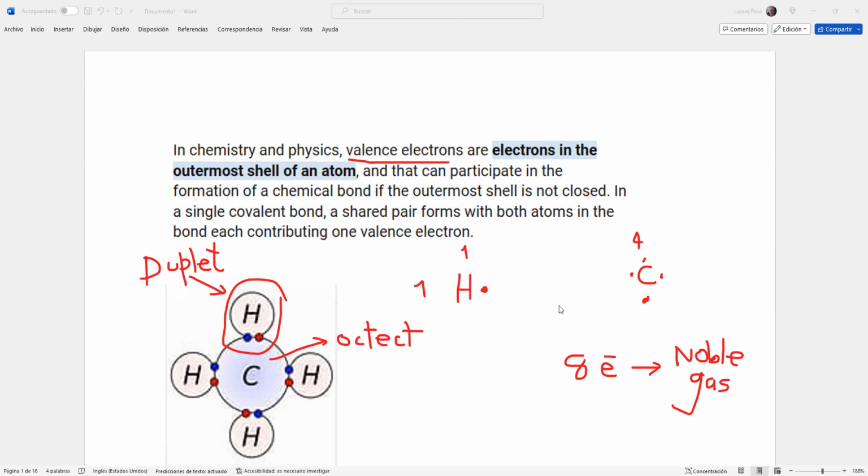For example, in this case, carbon has 1, 2, 3, 4 valence electrons, and hydrogen has only one. When the 4 atoms of hydrogen join 1 atom of carbon, they make 4 bonds.